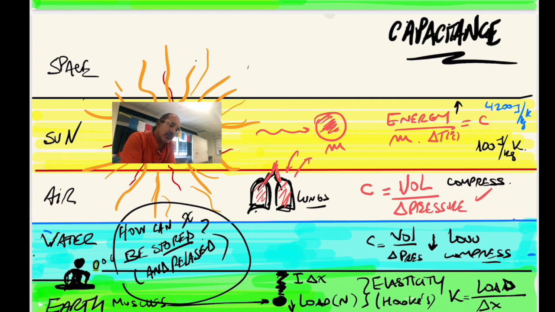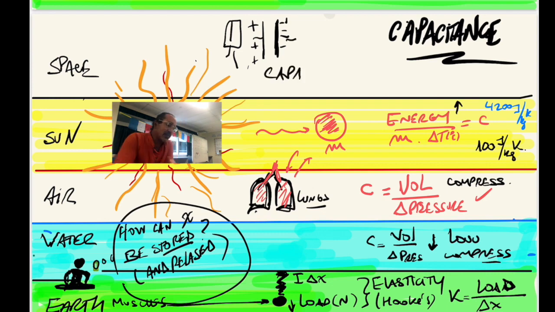So the concept of specific heat capacity is something that we're going to explore when we study heat, at least conceptually. And there is one more concept that we will explore when we study electricity, and that is the idea of an electric capacitor. Some of you might know what this is. It's like a tank. It is normally symbolized like this, a tank that stores charge, positive on one side, negative on the other side.